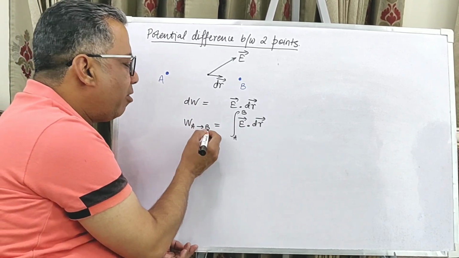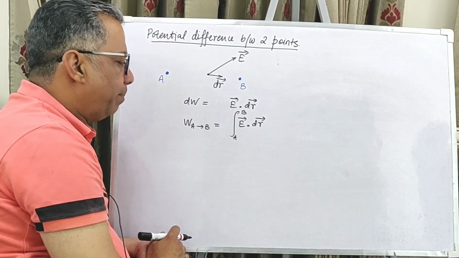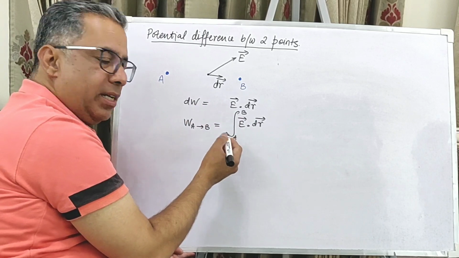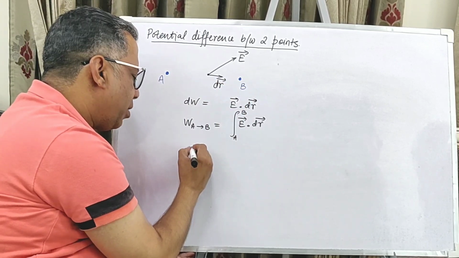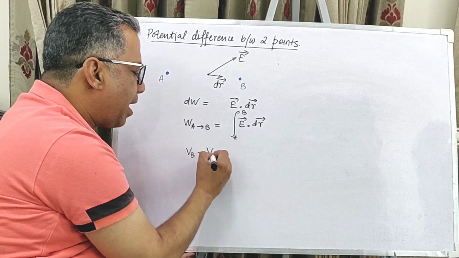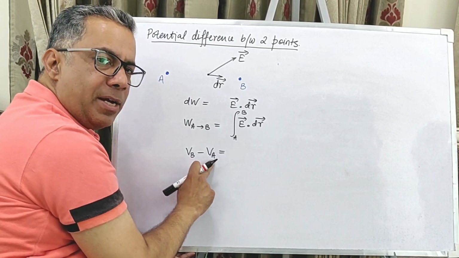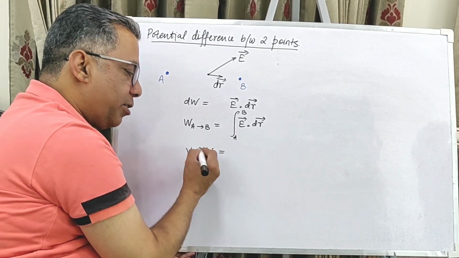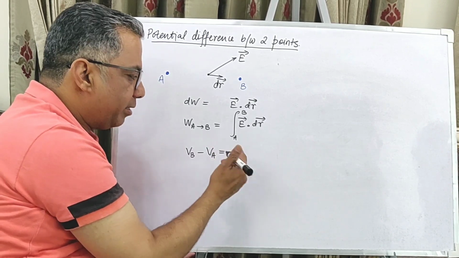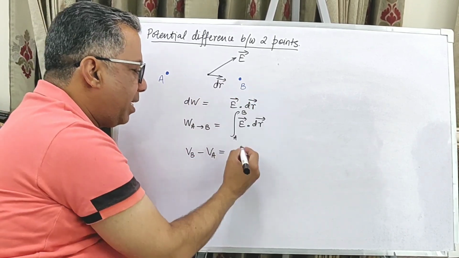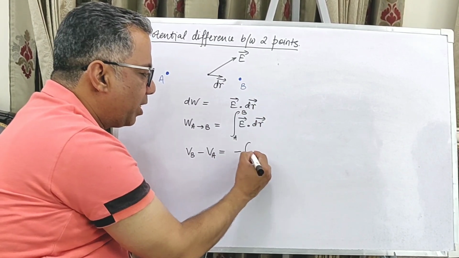So work done from A to B is E dot dr integrated from A to B. The negative of this work is the change in potential energy. So we have moved from A to B. So potential at B minus potential at A is final potential minus initial potential. Final potential energy of a unit positive charge minus initial potential energy of a unit positive charge as it moves from A to B. This will be equal to the negative of this work done.